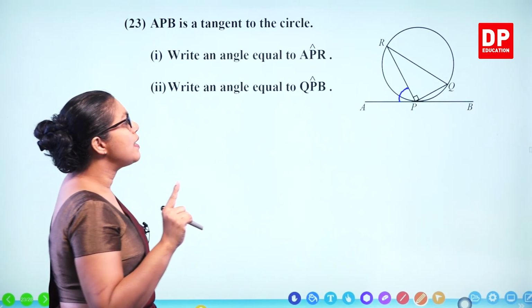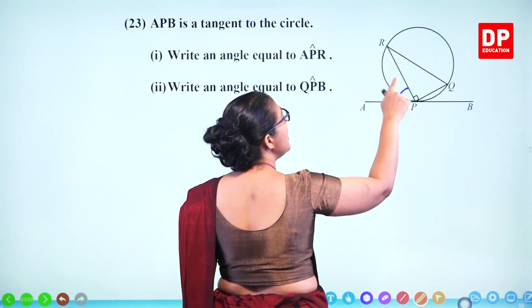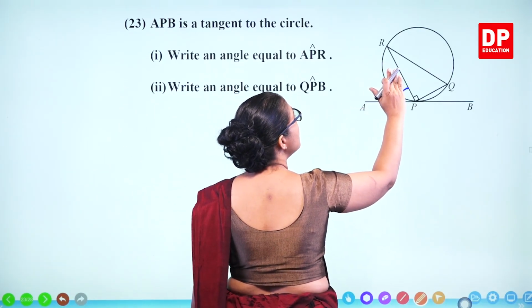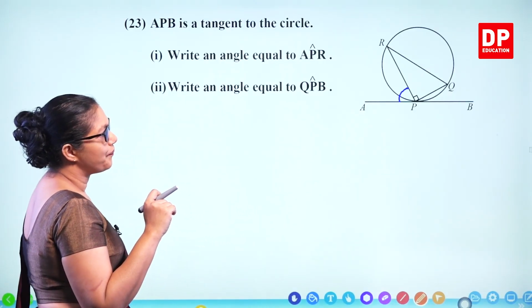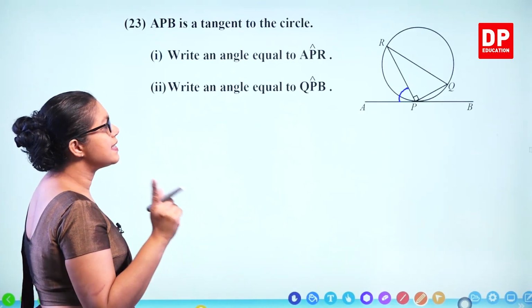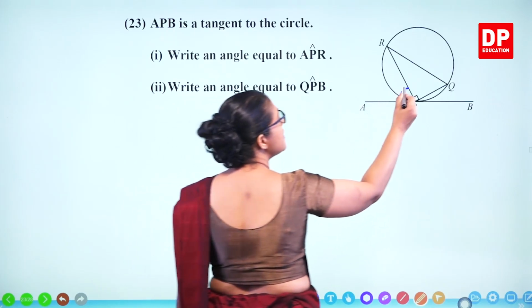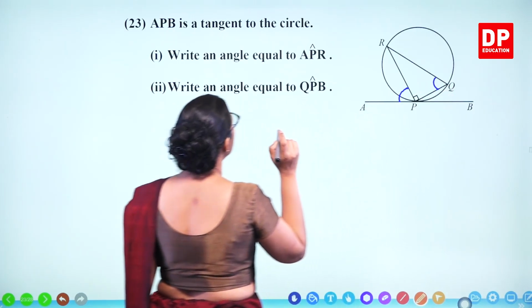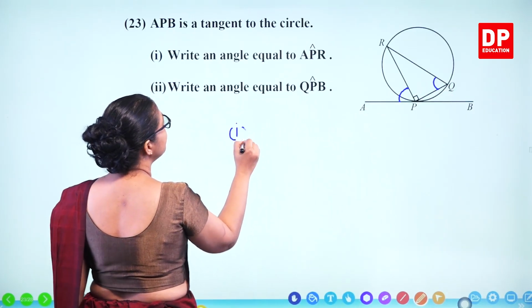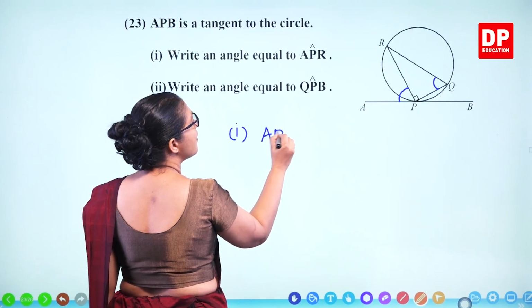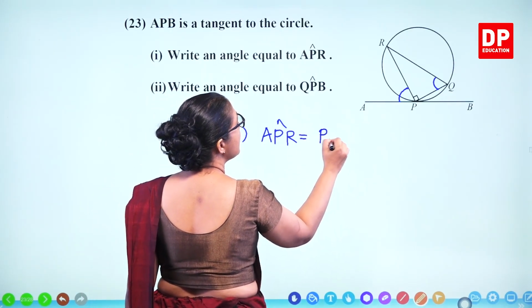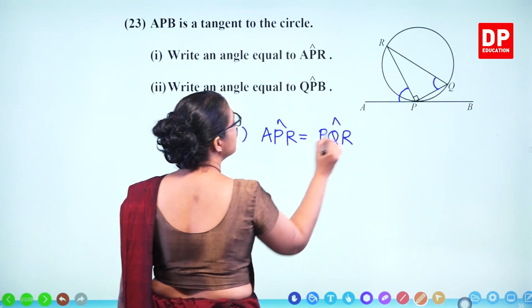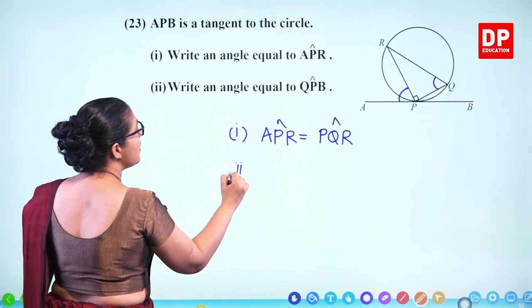The angle between the tangent and the chord is equal to the opposite angle of the other segment. That's the alternate segment theorem. So this is equal to this. So you can write APR is equal to angle PQR.